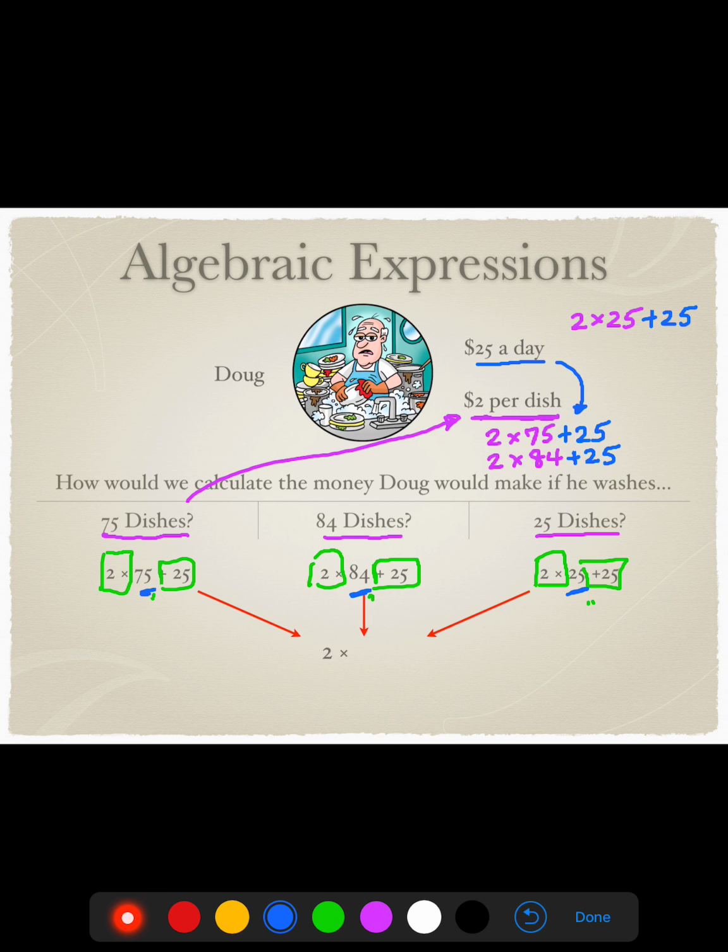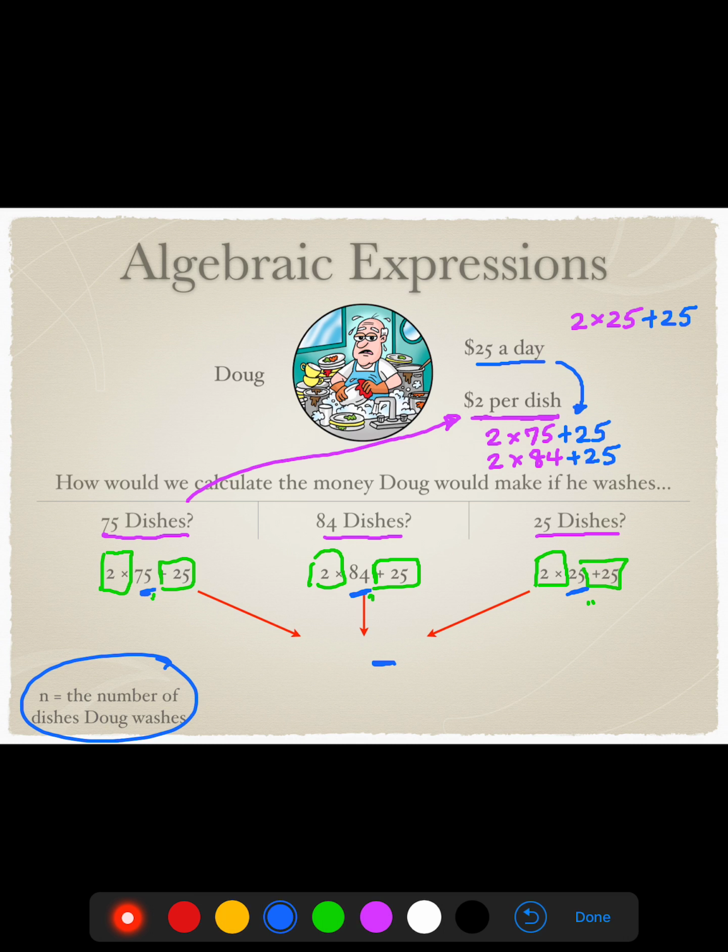So we know that it's going to be 2 times the number of dishes Doug washes, right? So could we generalize that by using a letter in its place? Sure we can. It's going to be 2 times n. N represents the amount of dishes that Doug washes. That's how we substitute it and represent it as a variable.